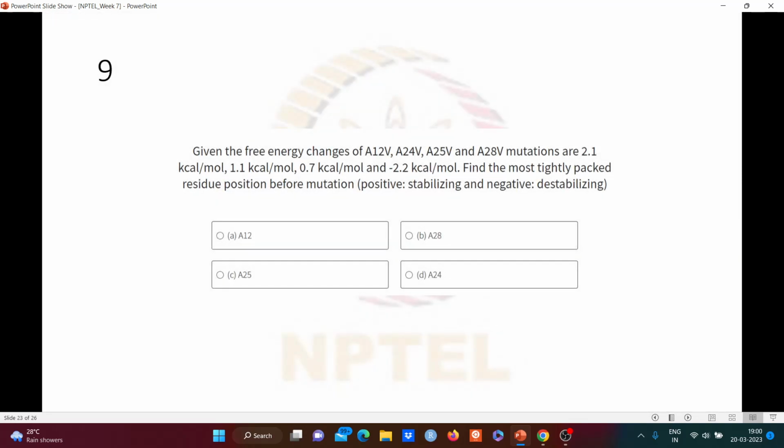Next, given the free energy changes of alanine 12 to valine, alanine 24 to valine, alanine 25 to valine, and alanine 28 to valine mutations, can you tell me what is the most tightly packed residue position before mutation? Yeah. Can anyone mention the reason as well?